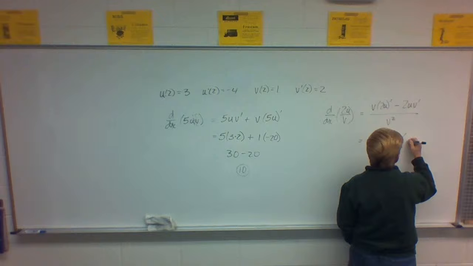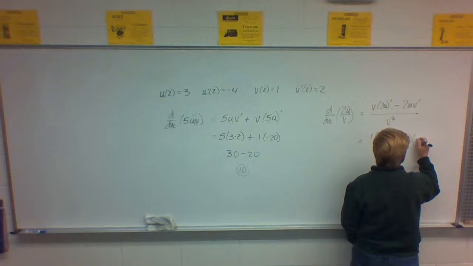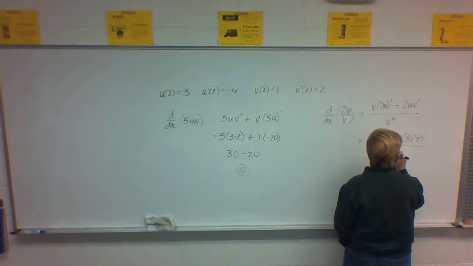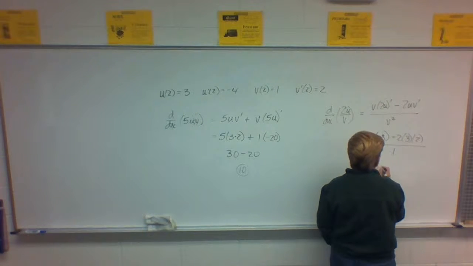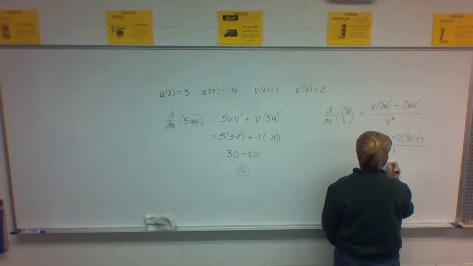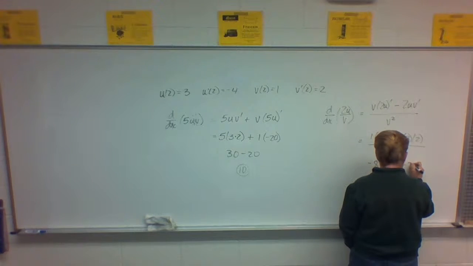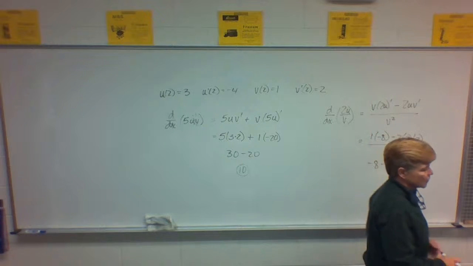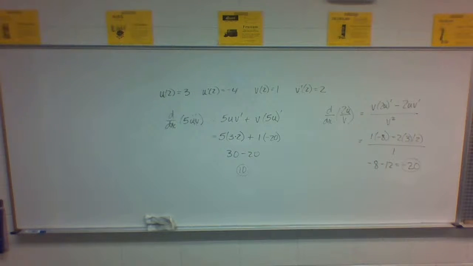What's u? It's 3. And v prime? 2. Bottom squared? 1. Oh, that's nice. -8 minus 12. Okay, so that's all it is, but you gotta know what you're doing. Gotta remember your rules. It's a good way to test your knowledge of both rules. It's not hard.